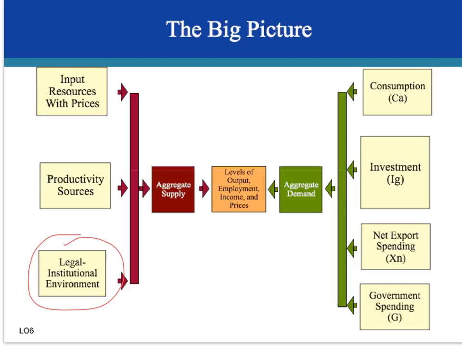Consumption, fiscal policy affects aggregate demand through tax levels, and then net exports, fiscal and monetary policy affect net exports, and then government spending, of course, that's affected by fiscal policy. And then all of those affect, again, aggregate demand.